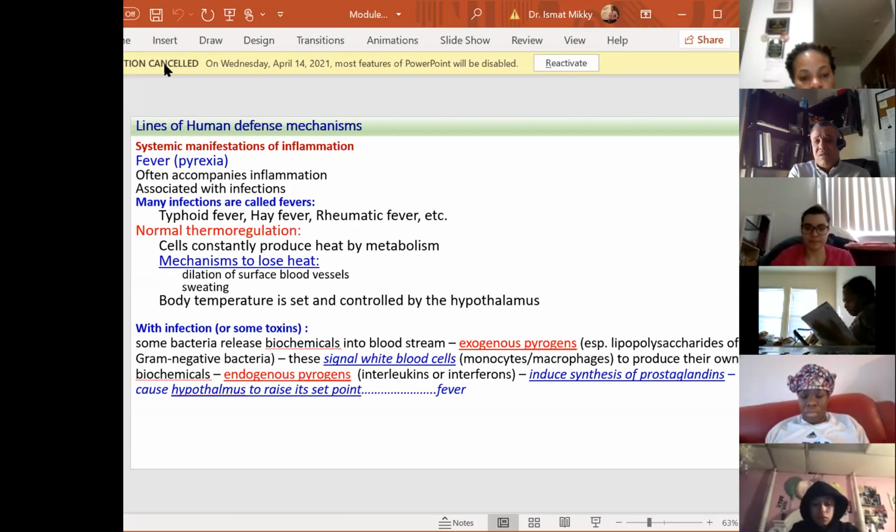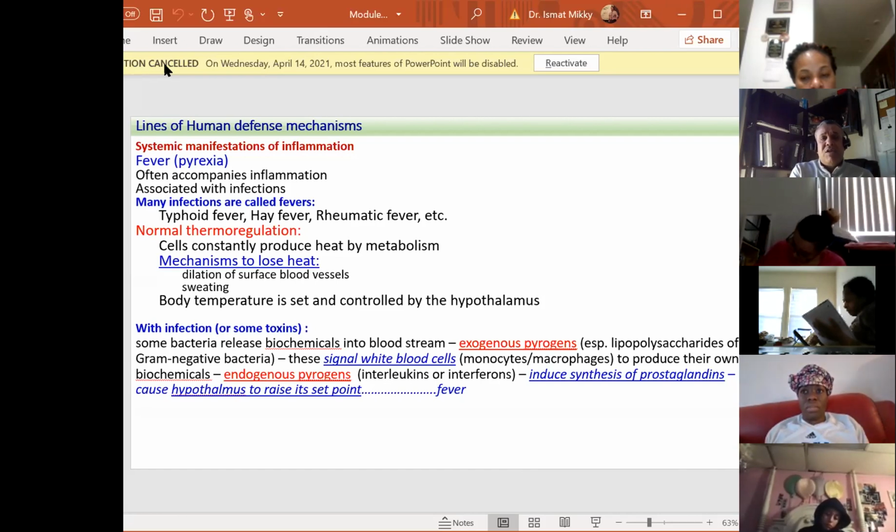So if we say interferon or interleukins, the prostaglandin is the cytokine that is responsible for the elevation of the temperature, or to change the set point for the hypothalamus, and then the fever would result. So the fever eventually results from changing the hypothalamus set point in response to the presence of the prostaglandins.